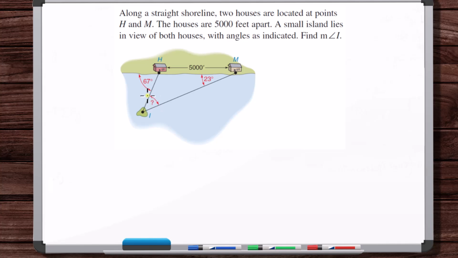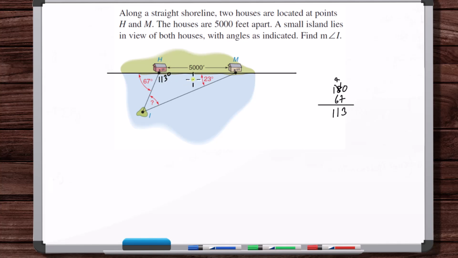So, okay, let's see. We know that we've got a straight angle here, so we can say 180 minus 67 is this angle. So that's 113.